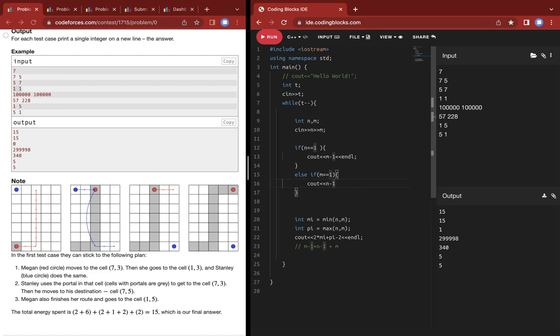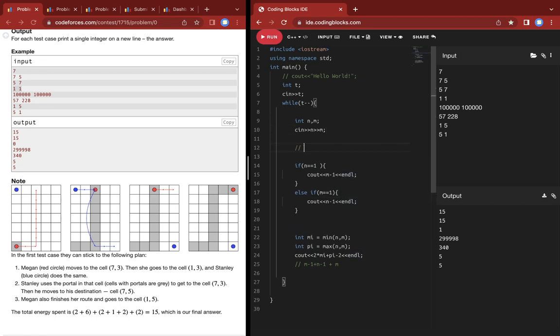Actually, not n minus 1. One guy would move from n minus 1 and the other guy would actually move in one step. So that would be m, but that's still wrong for our base case.